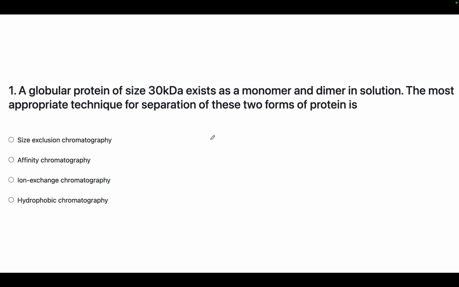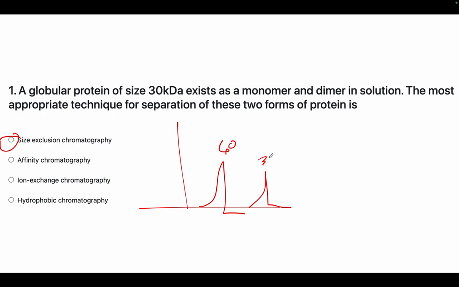So the most obvious difference between the monomer and the dimer will be the size. And so the easiest way to resolve these two will be through size exclusion chromatography, because we can easily get two peaks. This will be 60 as the dimer, this will be the monomer, and we can resolve them easily.